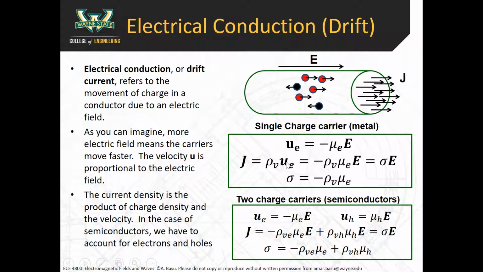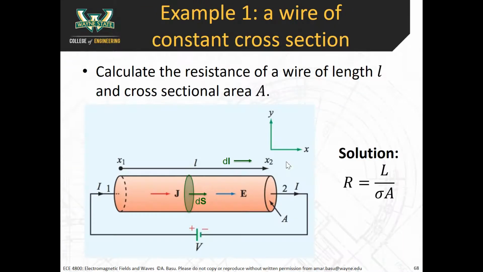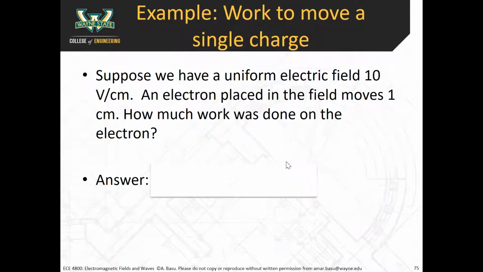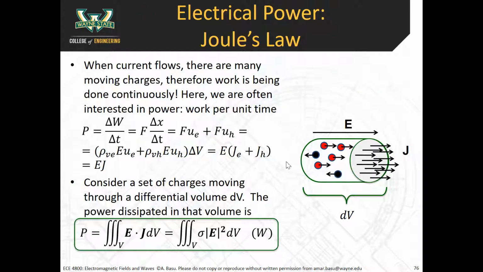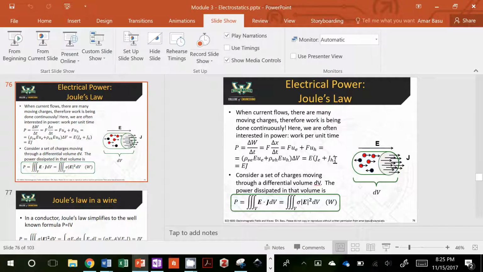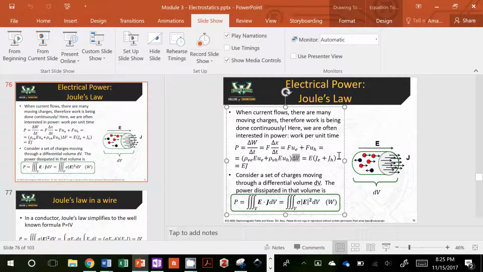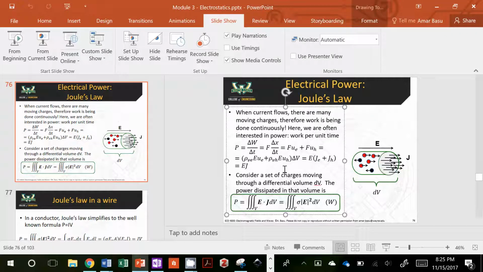So what we're doing here is we're basically saying charge density times the velocity at which they are moving, that's equal to J. So that's where that J comes from. Pardon me, I need to add delta V. I need to add that in there. Delta V there, and delta V here.